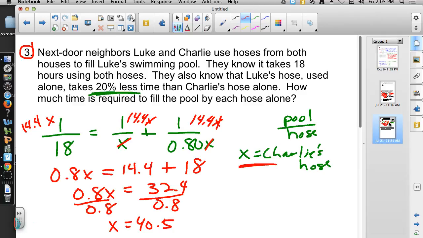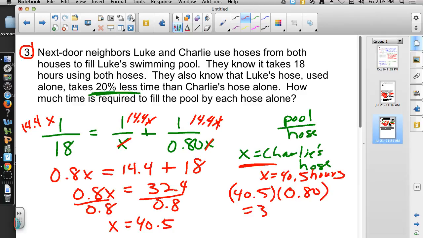So Charlie's hose is taking 40.5 hours. So if Charlie's is taking 40.5 and Luke's is 80% of that, we could go ahead and take 40.5 times 80%, so 0.80, and that gives us 32.4 hours, and the smartboard is not with me again.